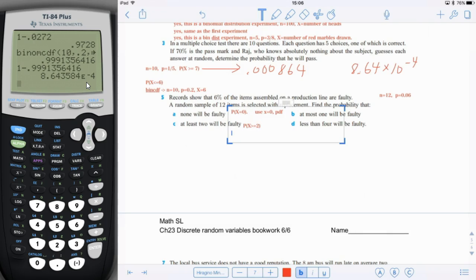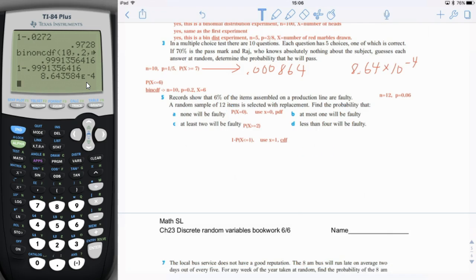So in this case, the calculator is going to calculate 1 minus the probability that X is less than or equal to 1, and so we're going to use x equals 1, and we're going to use binomial CDF.